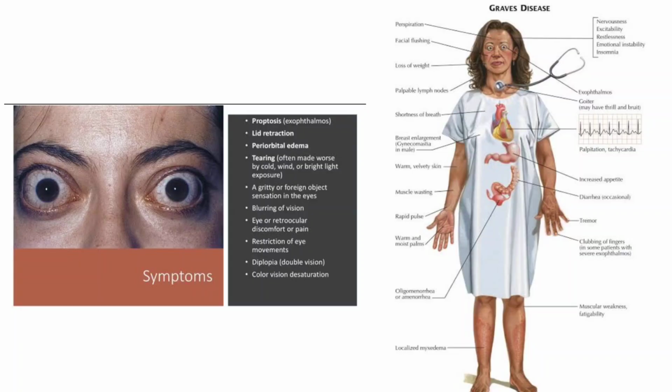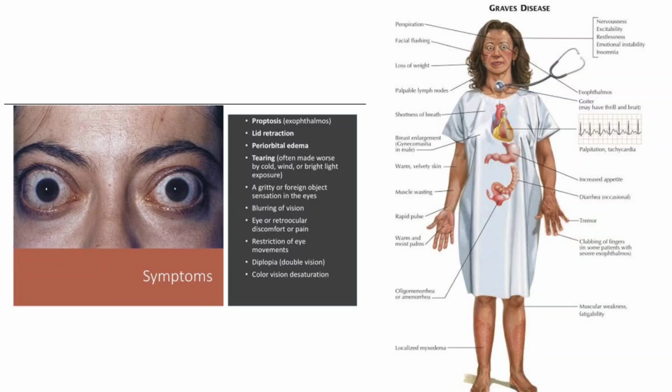Oligomenorrhea and amenorrhea can be the menstrual complaints of the patient. Local myxedema means there is increased fluid content in the pretibial area, and muscle weakness, fatigability can be seen, clubbing of fingers, and this is seen in patients of severe exophthalmos.